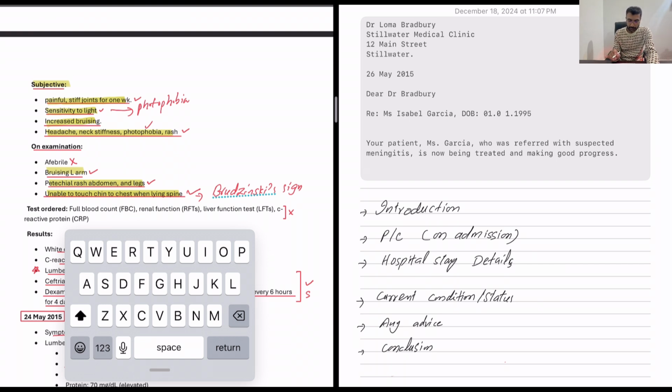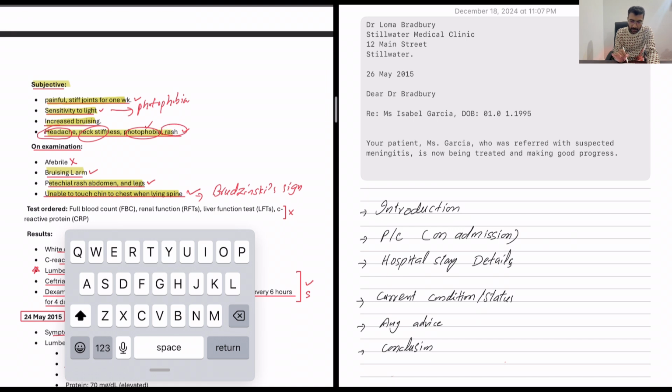So on admission, Miss Garcia had headache, neck stiffness, photophobia and rash.